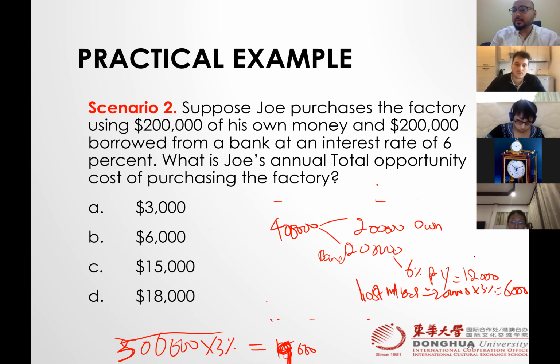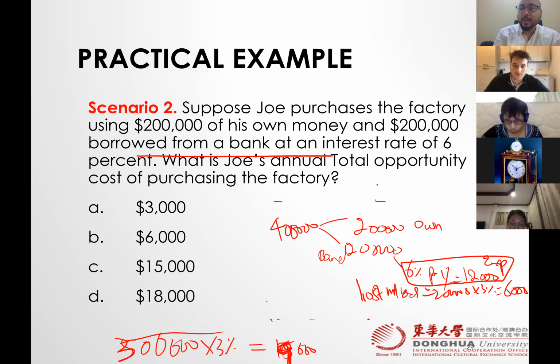So this is his explicit cost because he's actually paying for the $200,000 loan from the bank, and the implicit cost is the lost income, which is $6,000. So what is total opportunity cost? Implicit plus explicit.